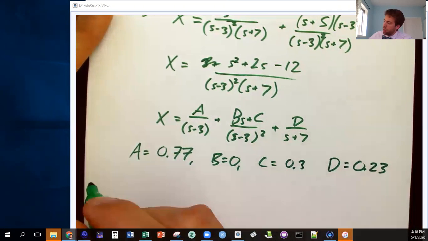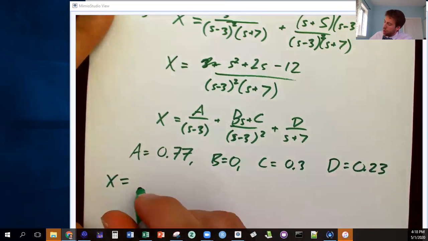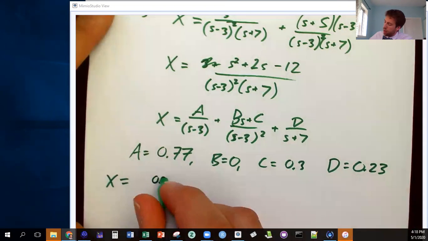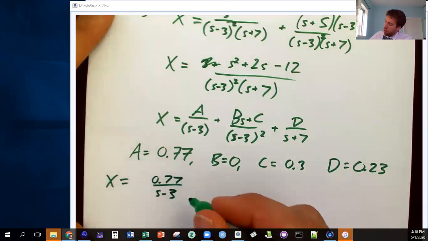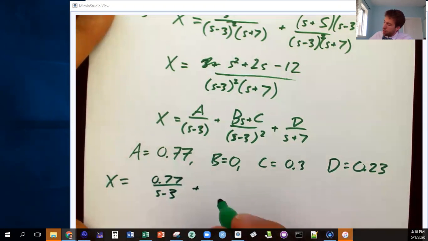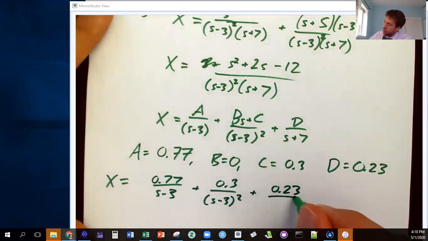Okay, so capital X equals 0.77 over s minus 3, plus 0.3 over s minus 3 squared, plus 0.23 over s plus 7.